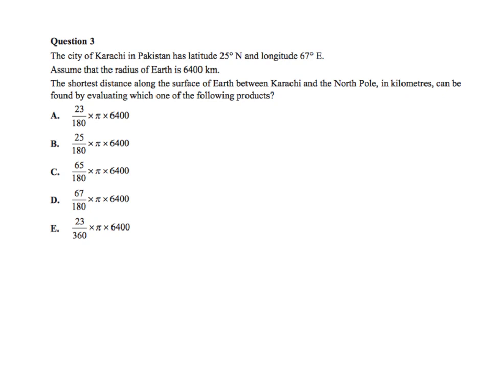Just so you can get a visual, I'll draw the equator in there. Because they want Karachi and the North Pole, here up here is the North Pole, and Karachi is north, on a longitude.